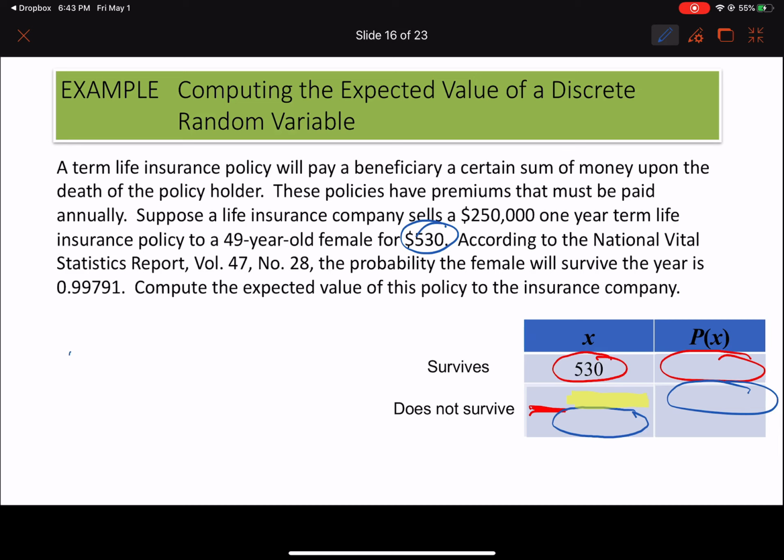I'm going to take the expected value of x, and as we did before, we calculate the mean.